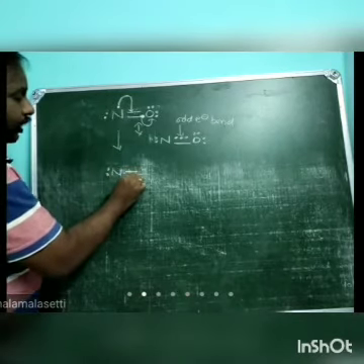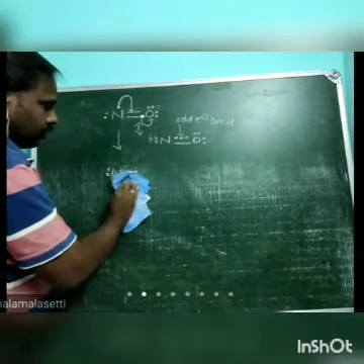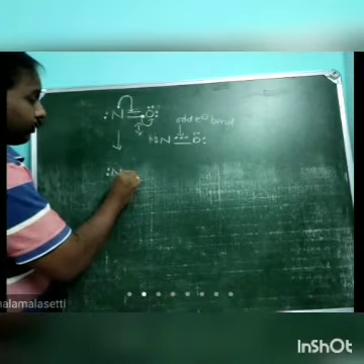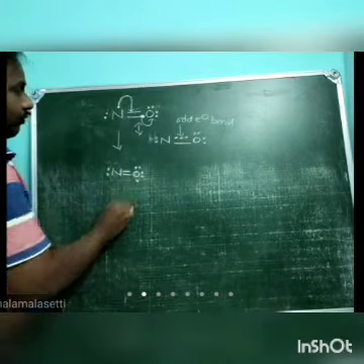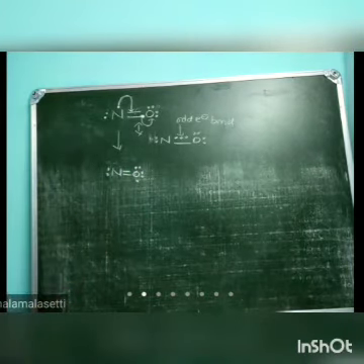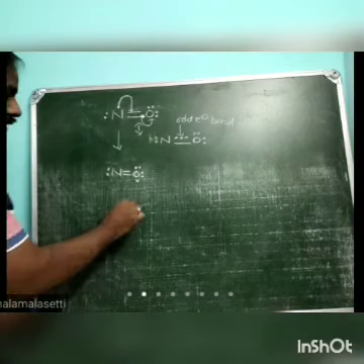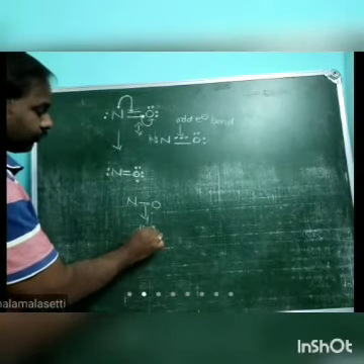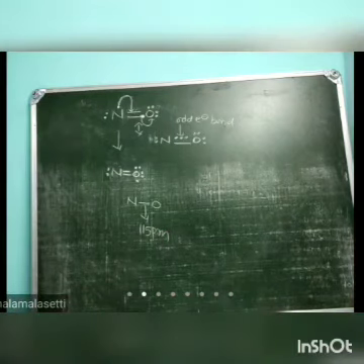Here again a double bond is there. Now oxygen contains one more single electron. These two are the resonance structures of NO. In this case, the bond length is 115 picometers.